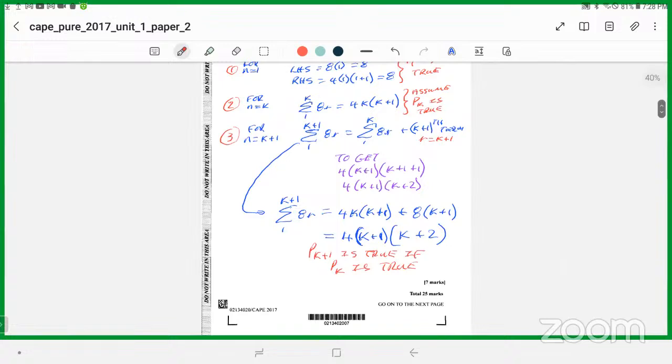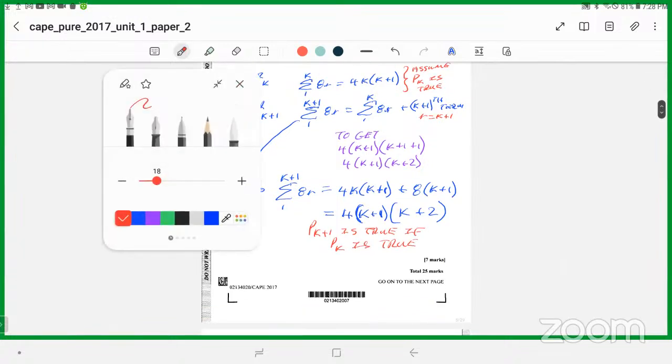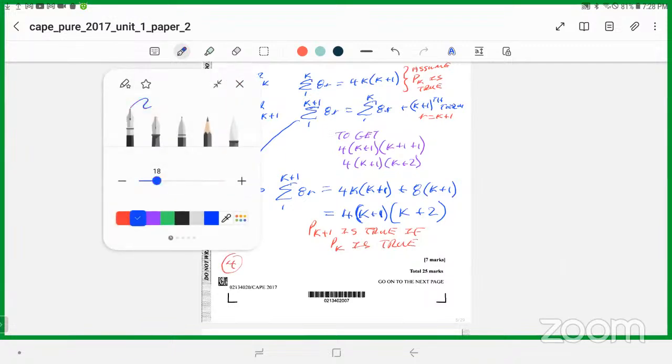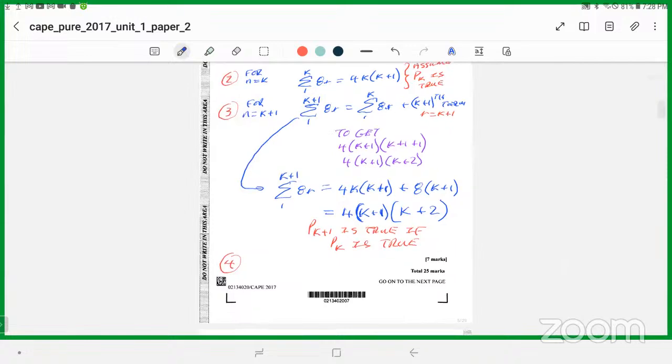And then you have to write a conclusion. You have to write a conclusive statement down here, number 4. Step 4 carries a mark even if it's just a statement you're writing. It's a part of the process.